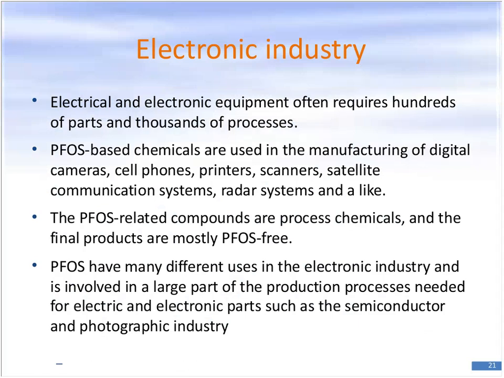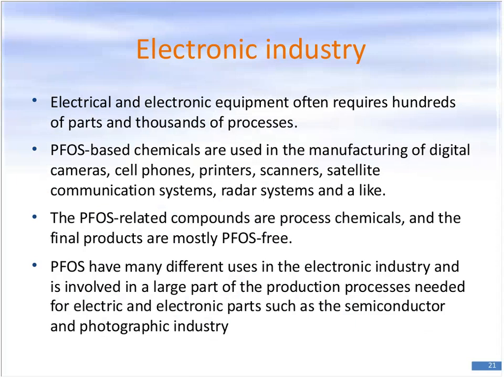For the electronic industry, in this sense, electrical and electronic equipment requires a lot of parts, thousands of parts, thousands of processes. PFOS-based chemicals are used in the manufacturing of digital cameras, for example, printers, satellite communication systems, and some other product systems.